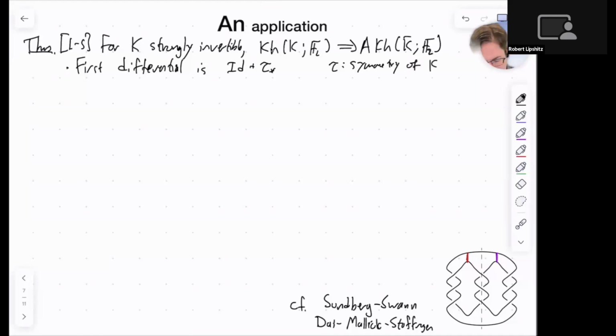You could actually just see that from the description I gave: if I had a symmetry, that gives you a symmetry of the cube of resolutions, and that gives you a symmetry of the chain complex. And the second property that I'm not going to write out fully is that the gradings of the differentials in the spectral sequence are predictable. I mean, they change the grading, but in a controlled way.